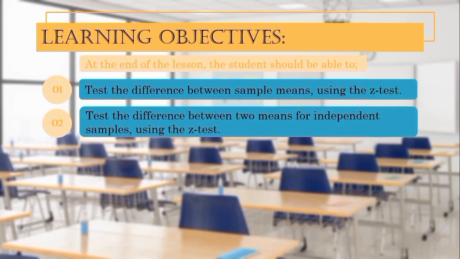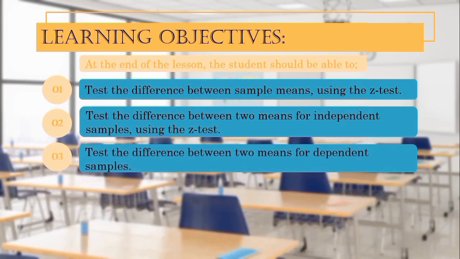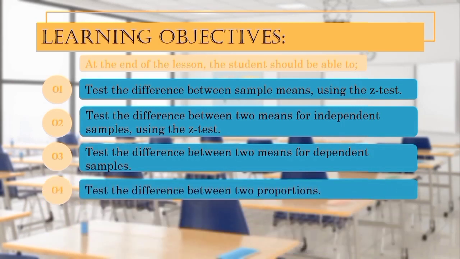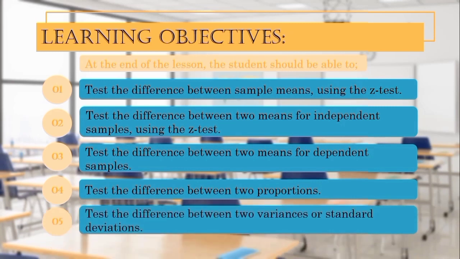Second, test the difference between two means for independent samples using the z-test. Third, test the difference between two means for dependent samples. Fourth, test the difference between two proportions. And the last one is to test the difference between two variances or standard deviations.